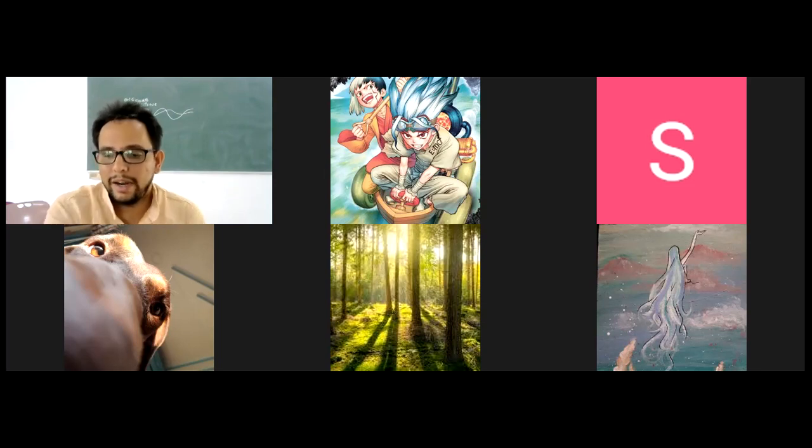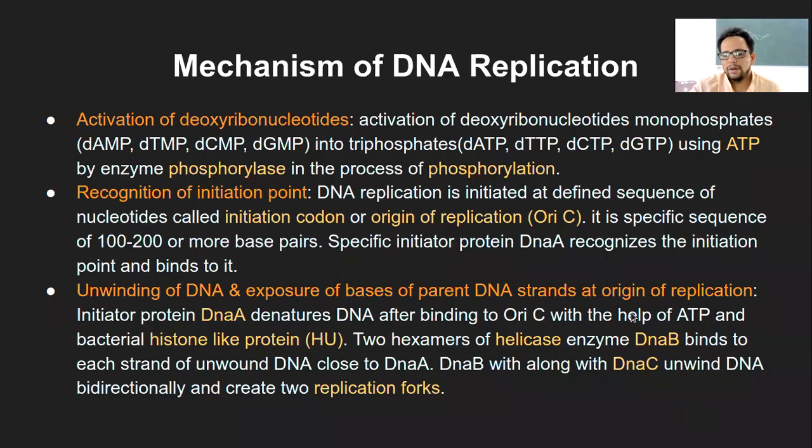To avoid that, this helicase is bound there so that it does not allow these two strands to fall back to their hydrogen bonds. So two hexamers of the helicase enzyme, two hexamers as in it is present in the form of a hexamer, that is 6 molecules, and 2 of such molecules of the helicase and DNA B will bind to each strand of the unwound DNA.